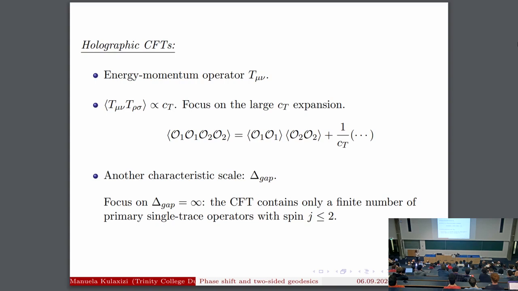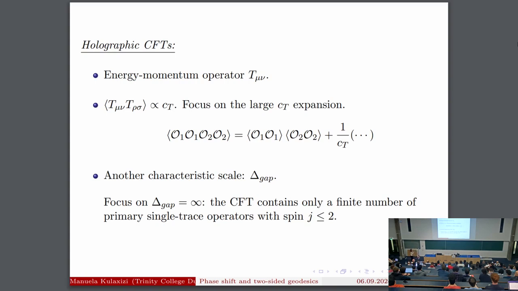We will assume that the conformal field theory we want to study contains only a finite number of primary operators. I call them here single trace. This is probably not a very good nomenclature in this context, but that's what we commonly use, borrowed from gauge theories.